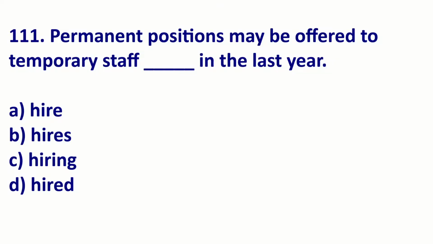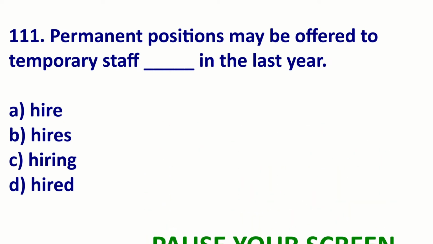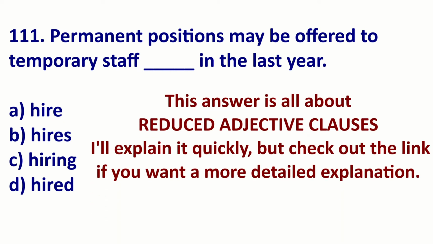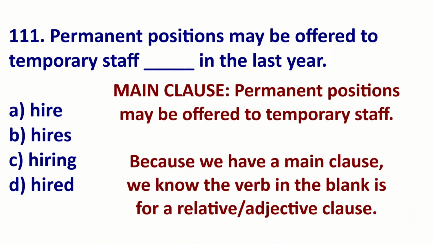All right, the next question. Well, this answer is all about reduced adjective clauses. I will explain it quickly in this lesson, but check out the link above if you want a more detailed explanation. Okay, so you already have a main clause in this sentence. You already have a subject verb, which is permanent positions may be offered to temporary staff.